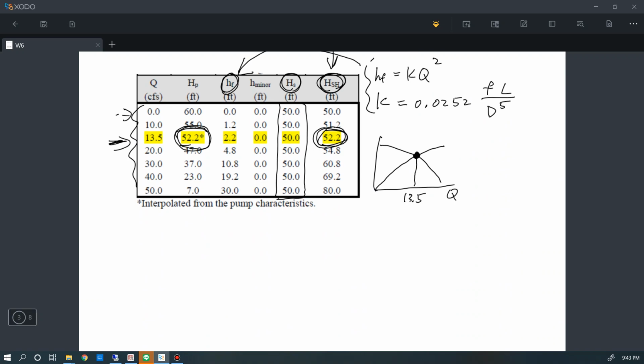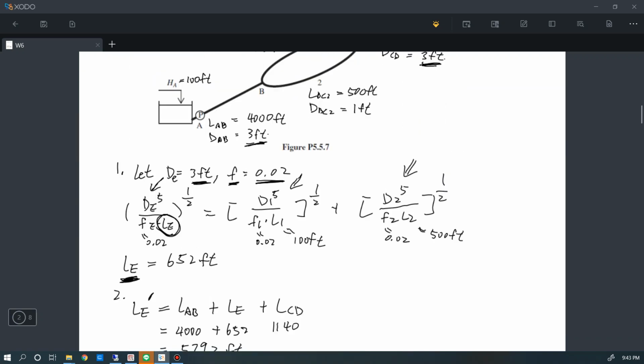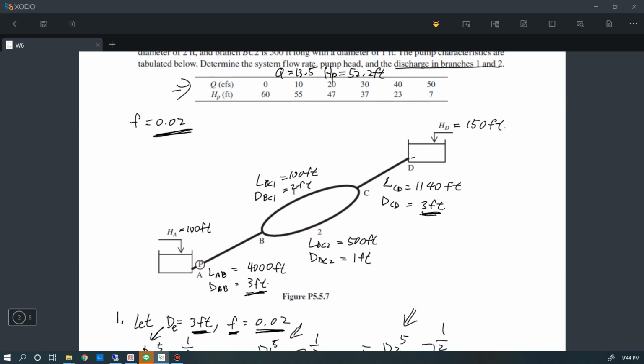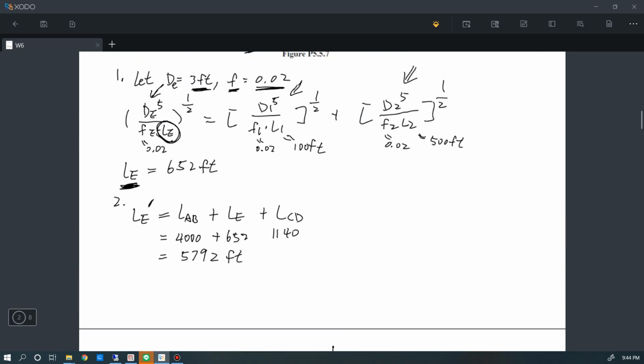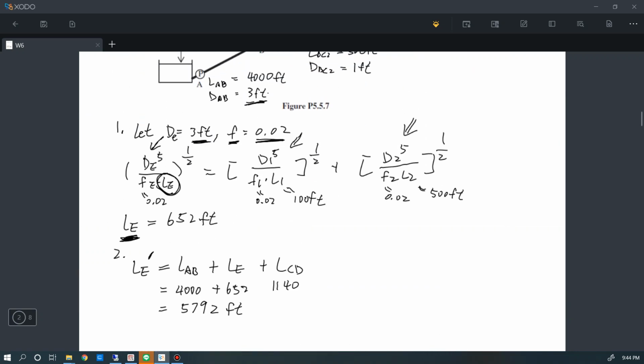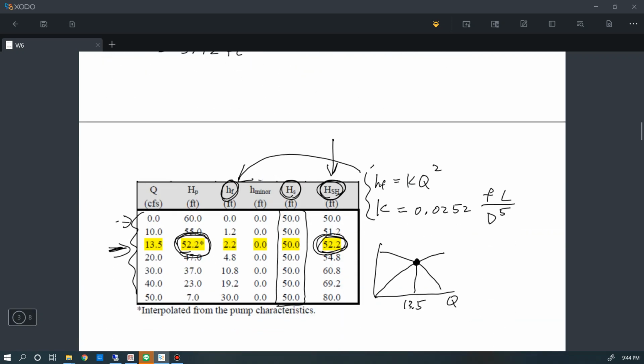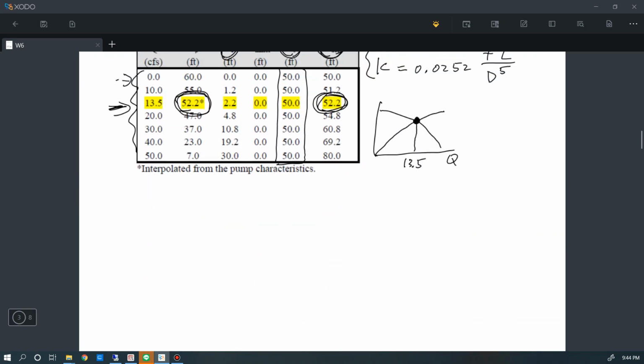First, we need to find the friction head loss, the total head loss, which is equal to the friction head loss because we ignore the minor head loss. So for the friction head loss in BC, we can use the equivalent pipe that we calculated in this section.